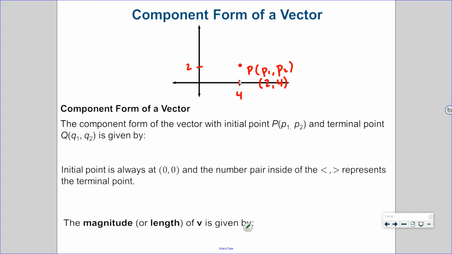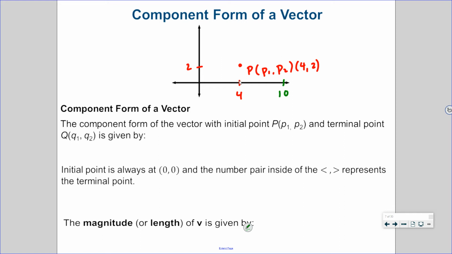And let's say my terminal point... Oh yeah, 4, 2. Oh my gosh, good catch. After I just teased you guys about knowing how to plot points. All right, let's make our terminal point 10, 9.